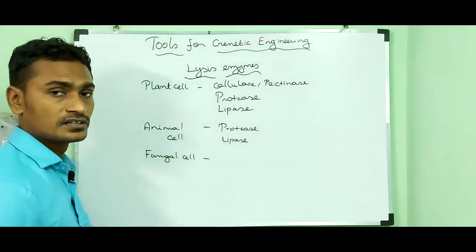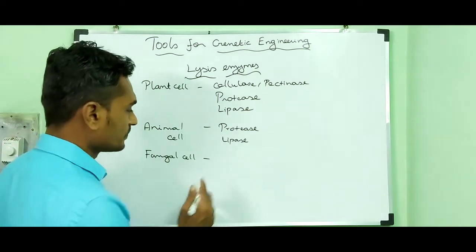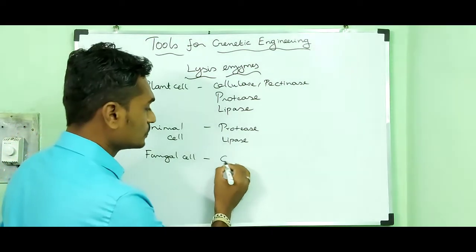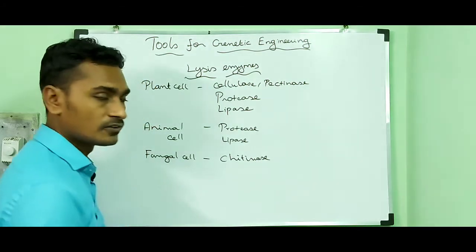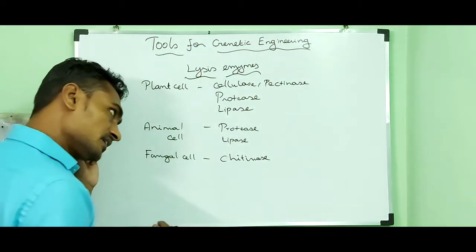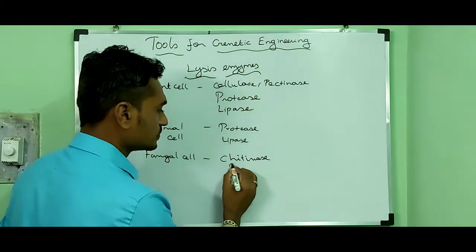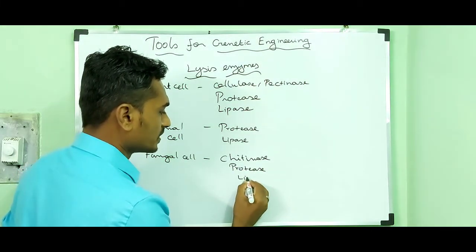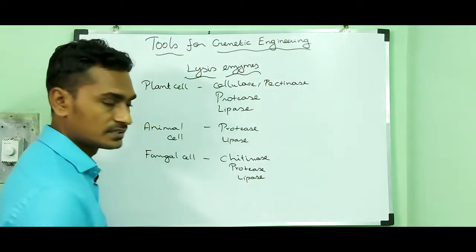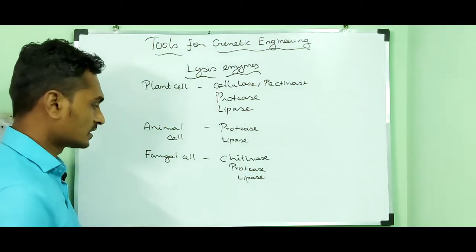The fungal cell wall is made up of chitin, so we have to use the enzyme chitinase to digest the cell wall of fungi. Then it contains a plasma membrane, so we have to use the enzymes protease and lipase to isolate the DNA from the fungi.